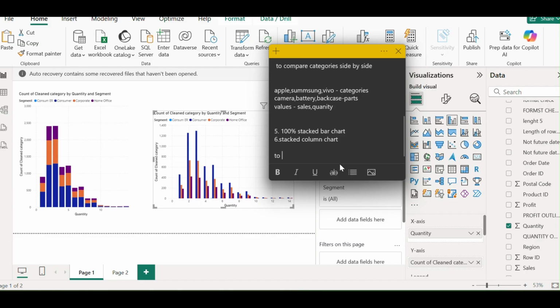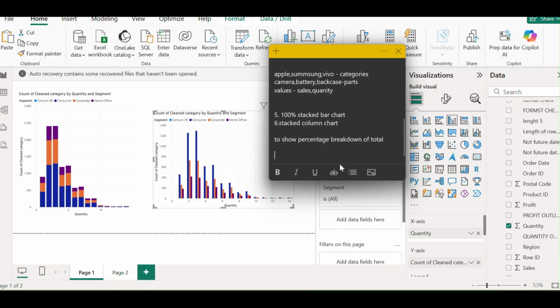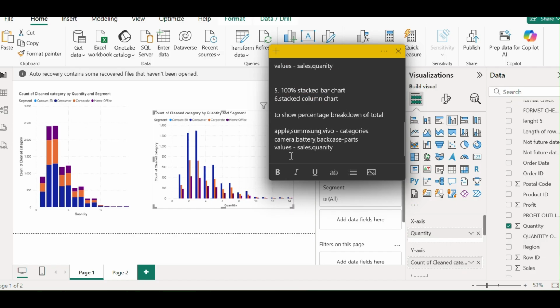Both are to show percentage breakdown of total. Similarly, this is our example.